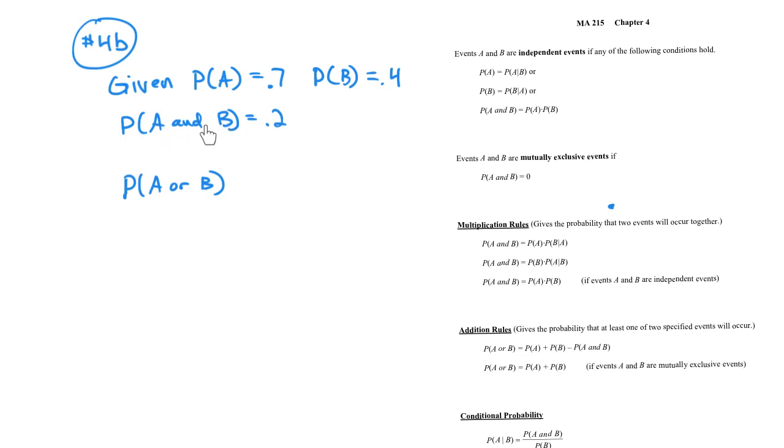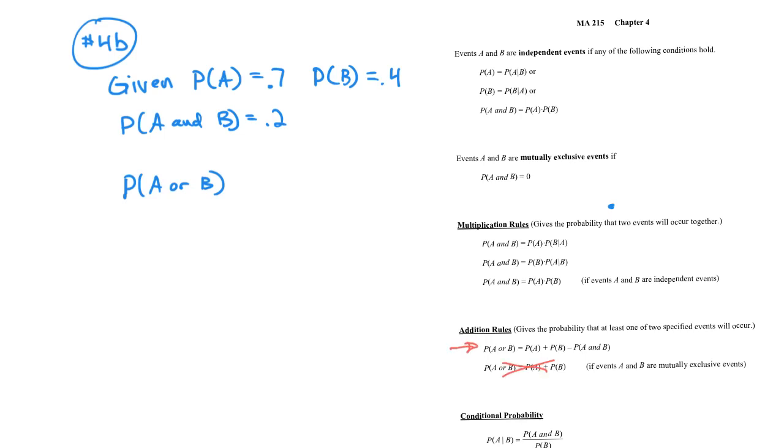If this said the probability of A and B is 0, meaning they can't both happen, then they would be mutually exclusive. But because they can both happen, they are not mutually exclusive. So we can basically just cross this one off the list, and we have to use this one.